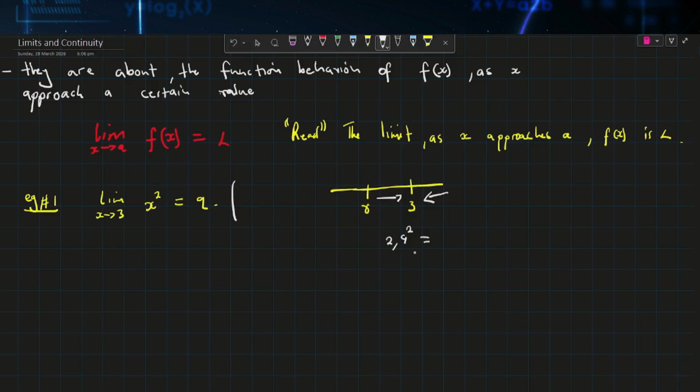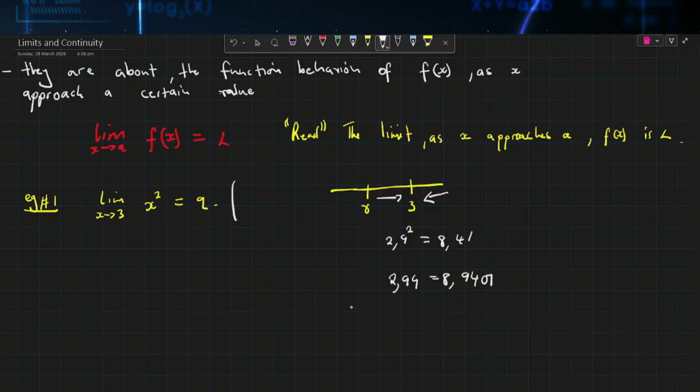That gives us 8.41. What if we approach further, like 2.99? 2.99 squared will be 8.9401.